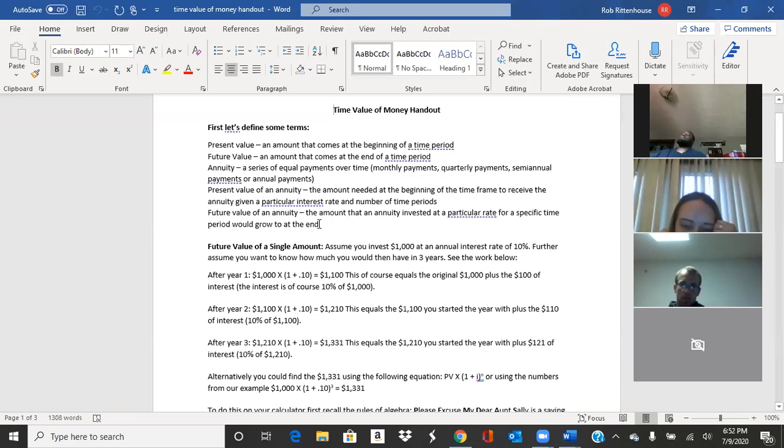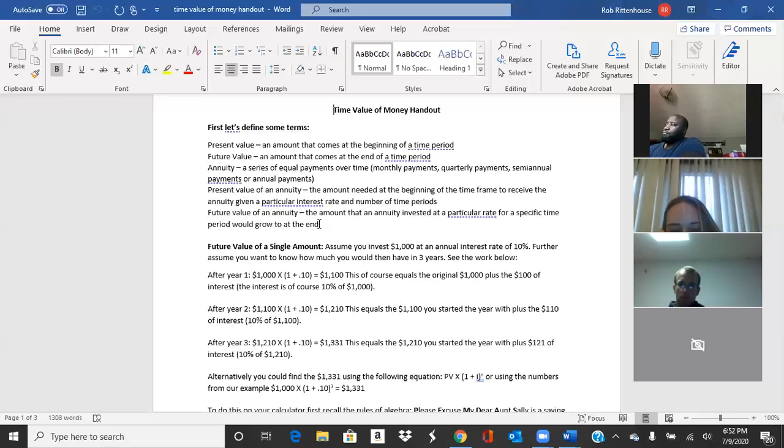Okay. So an example on a present value of an annuity, let's say I know that I need to receive $5,000 a year for 20 years, and I can earn 8% as an annual rate of interest on my money. The present value of the annuity then would be however much I would have to have invested at an 8% annual rate to allow me to draw out $5,000 a year for the next 20 years.